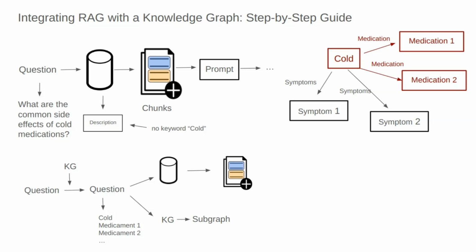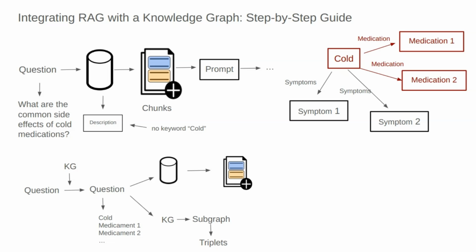Next, we combine the subgraph with the retrieved chunks. Since the subgraph is structured data, it cannot be directly merged with the textual data. To address this, we convert the graph into a textual format. The graph consists of multiple triplets, subject, predicate, object, such as colds can be treated with medication 1 and colds can be treated with medication 2.